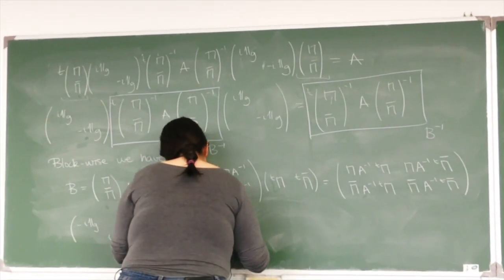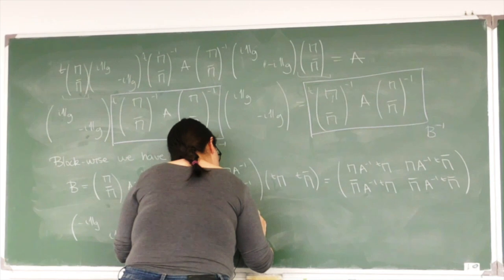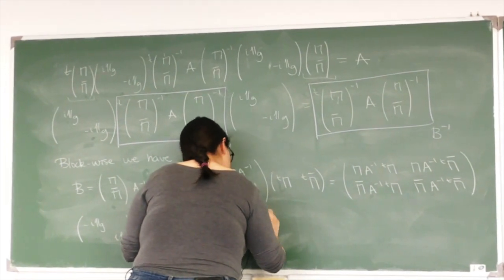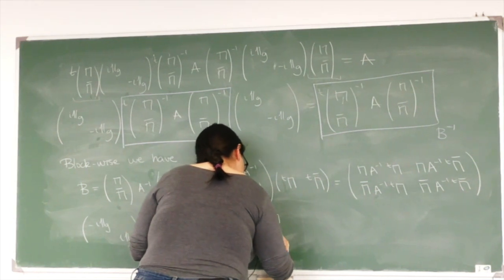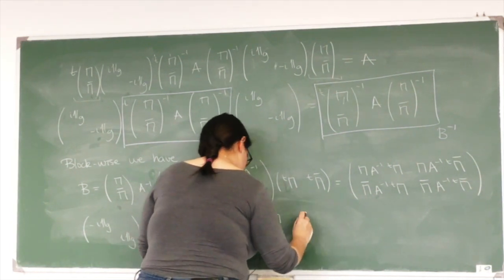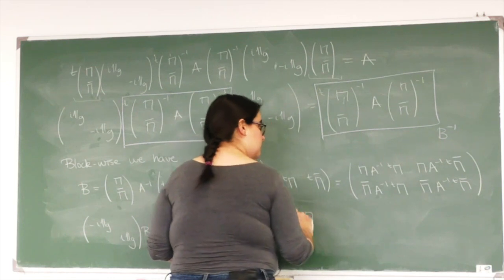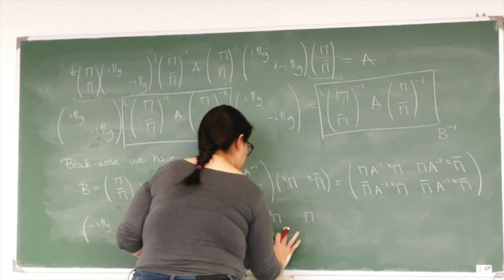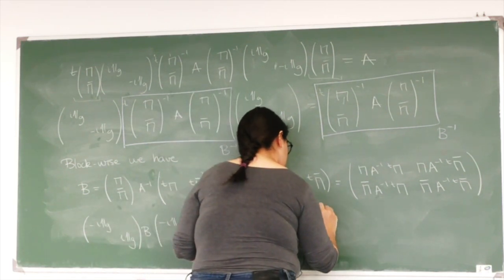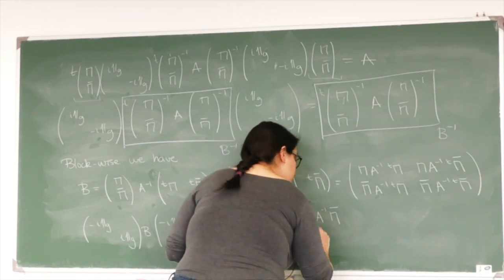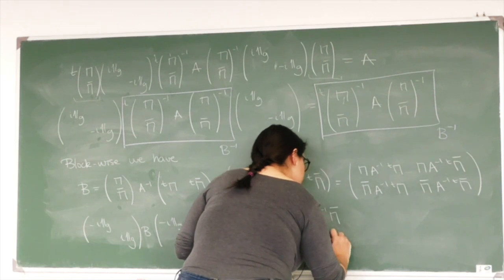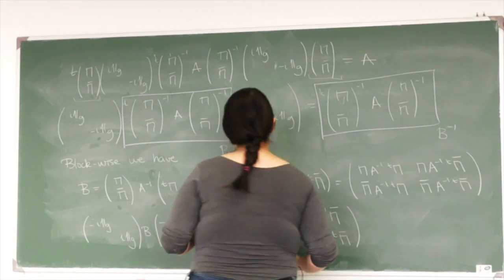So minus pi I inverse pi transpose, pi conjugate A inverse T pi conjugate, not here, here A inverse, and minus pi bar A inverse the transpose of pi bar.